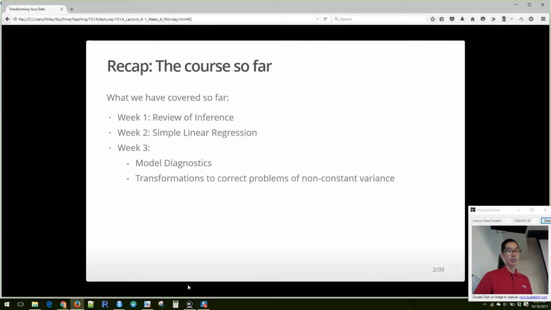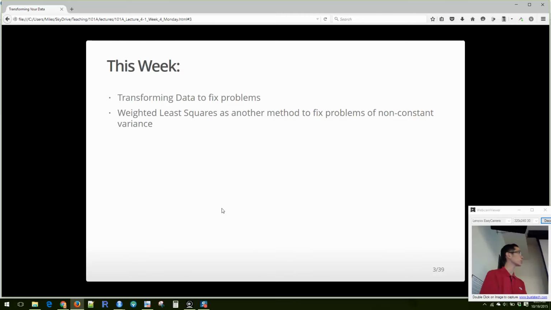We covered transformations to correct problems of non-constant variance. So this week we're going to use transforming data to fix more problems, problems of non-linearity specifically. We'll also look at weighted least squares this week to fix other problems of non-constant variance.